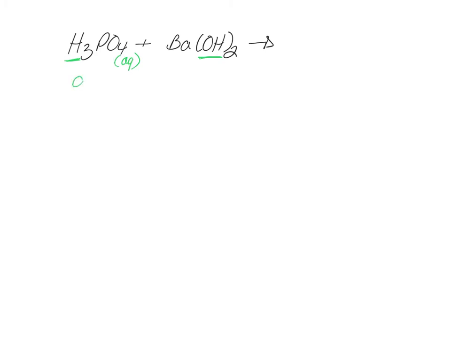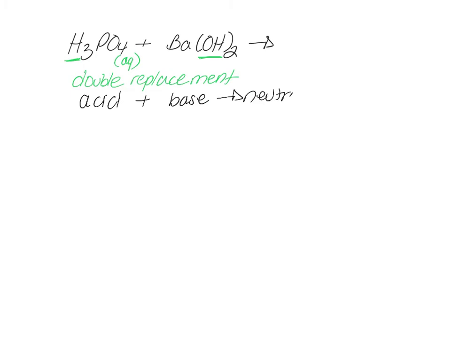So this reaction can actually be called double replacement because it is still 2 compounds reacting together. But remember that when you have an acid and a base react together, that can also be called a neutralization reaction.